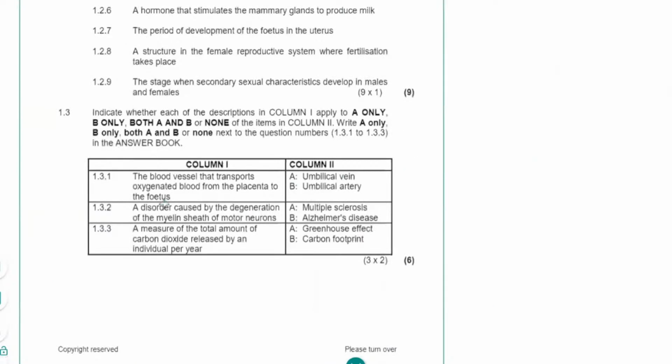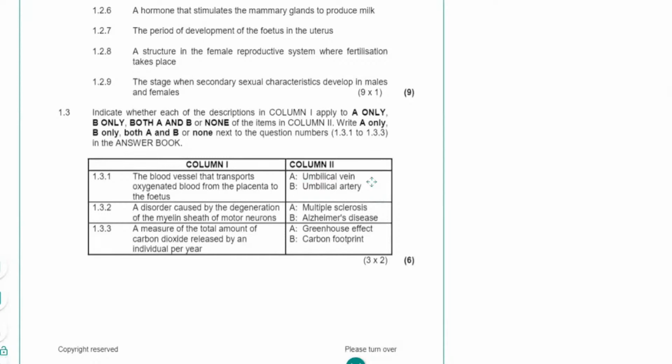The instruction says the blood vessel that transports oxygenated blood from the placenta to the fetus. Where is the heart of the baby? The heart of the baby is on the side of the baby, not the side of the placenta.